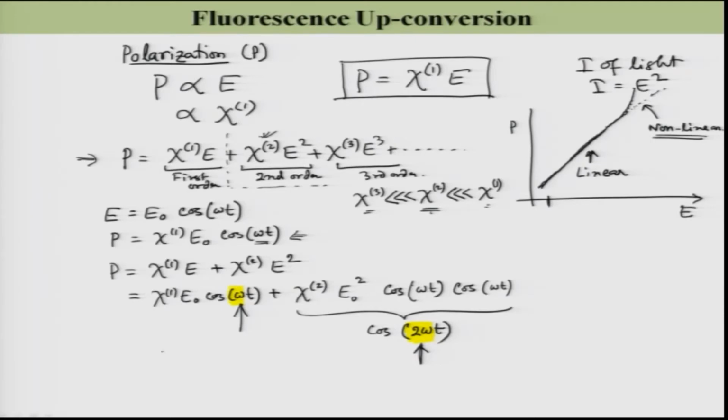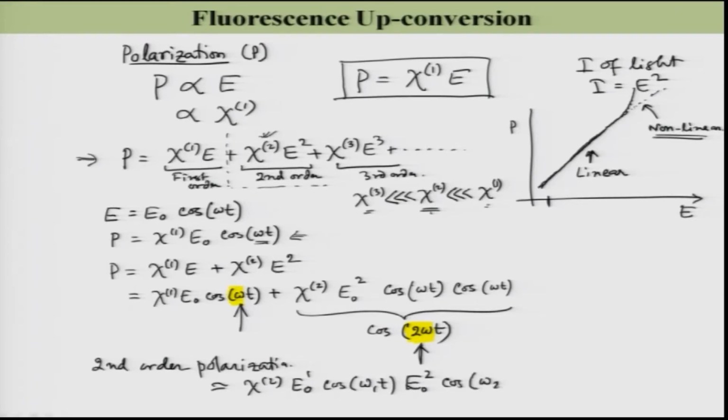Now, consider that you are using two different lights of frequency omega 1 and omega 2. In this case, that second order polarization will be equal to chi 2 E 0 1, that is one kind of light, cosine omega 1 t, and E 0 2 cosine omega 2 t.